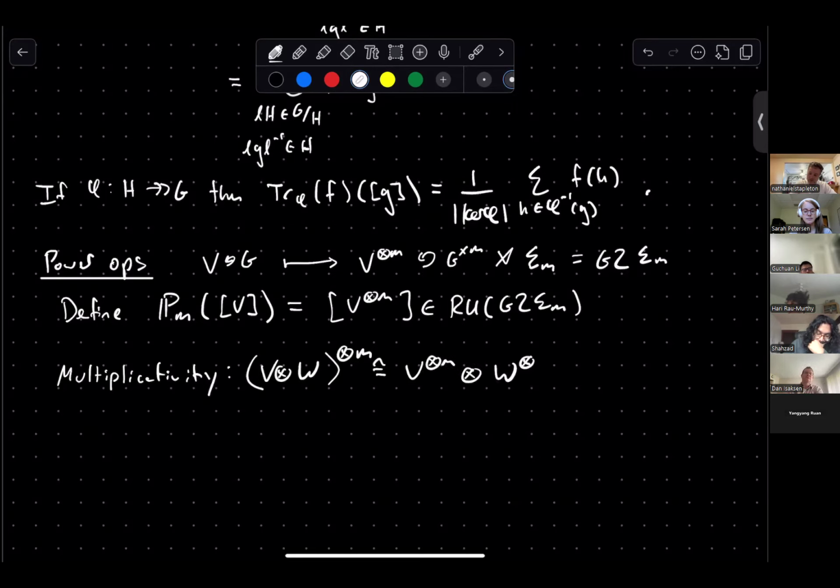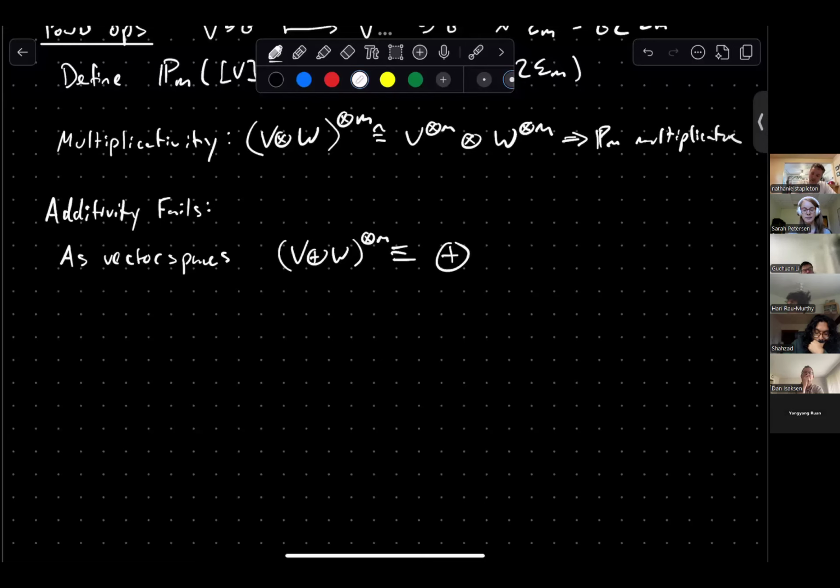So as vector spaces, I can take the sum of two vector spaces and raise this to the nth tensor power, and then a kind of binomial formula happens. This is the same as the direct sum over i plus j equals n of n choose i copies of V^(tensor i) tensor W^(tensor j).